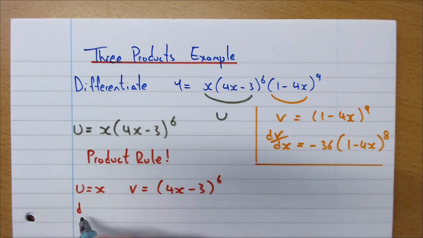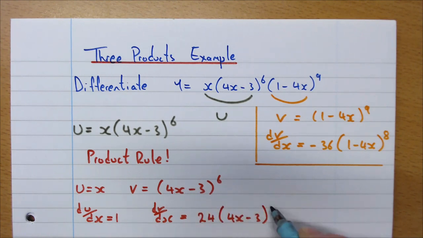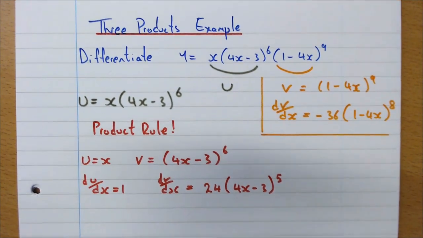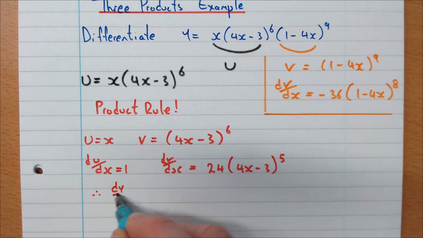Differentiate each bit separately. du/dx is 1. That was easy. And dv/dx, 6 times 4 should give you 24 times (4x - 3) to the power of 5. And then dy/dx of this red version is v du/dx plus u dv/dx. That thing all over again, it comes up a lot.